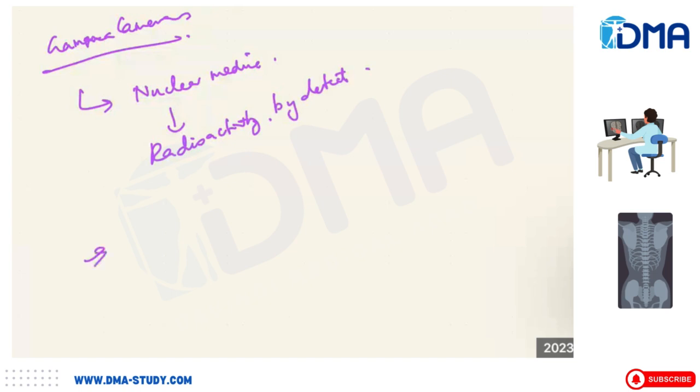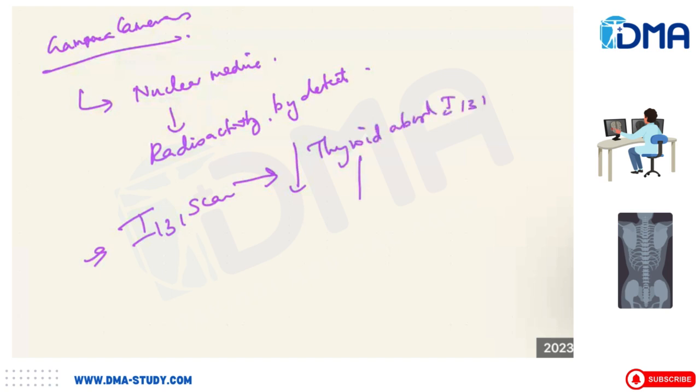For example, for a papillary carcinoma of thyroid, you give an iodine 131 scan. In this scan, as soon as the patient drinks iodine 131, it will go inside the body through the GI tract, and then it has to be absorbed into the circulation. The thyroid tissues will try to absorb this iodine 131. So it will take some 1 to 2 days. Say after 24 hours, you again come and do this thyroid scan.